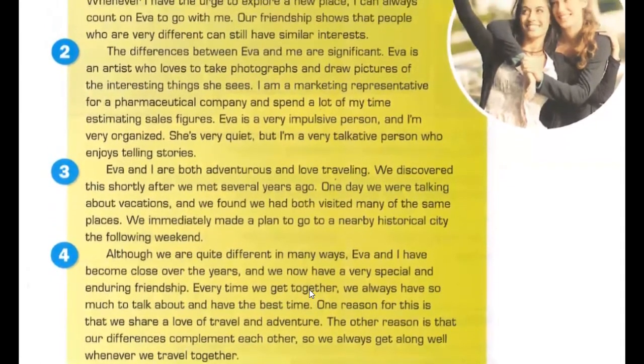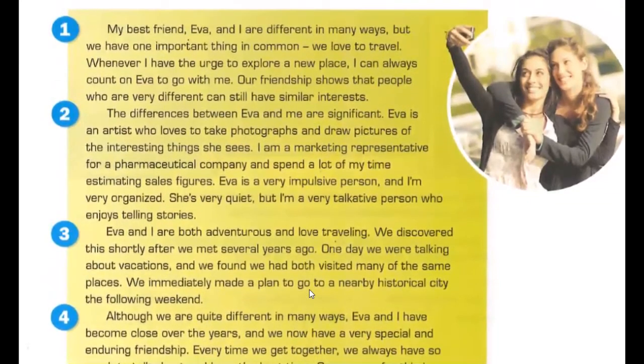So we start with the introduction, and at the end of the introduction, you need to express the thesis statement, referring to the main idea going to be discussed in the body paragraphs. You can divide the body into at least 2 paragraphs, because you are going to talk about differences and similarity.